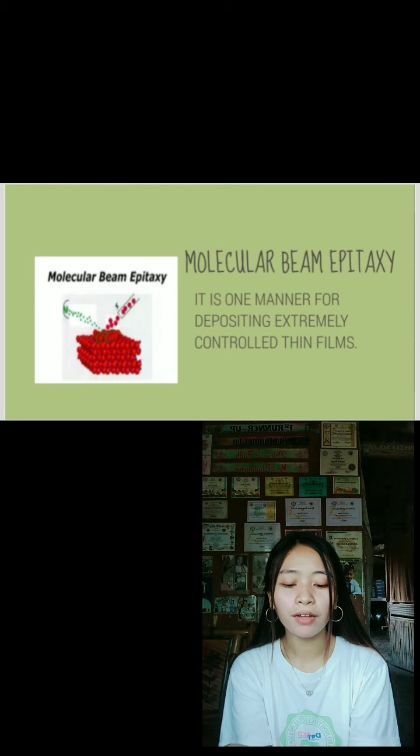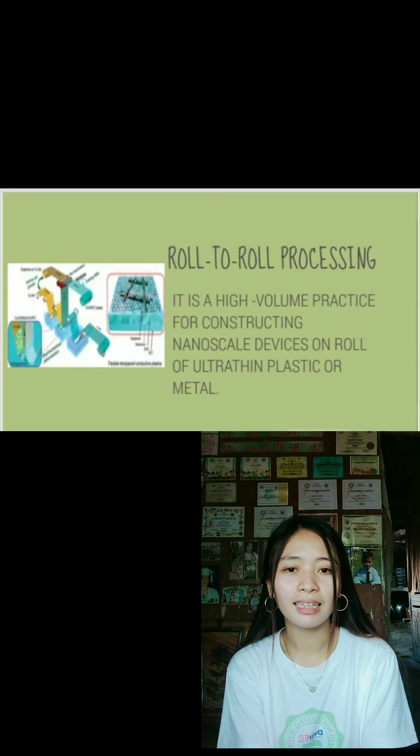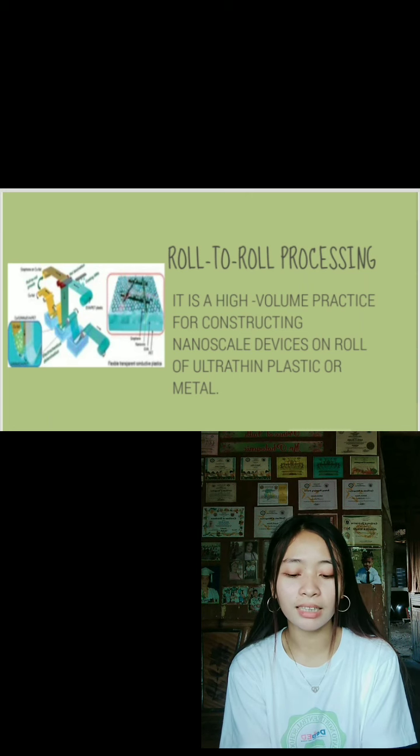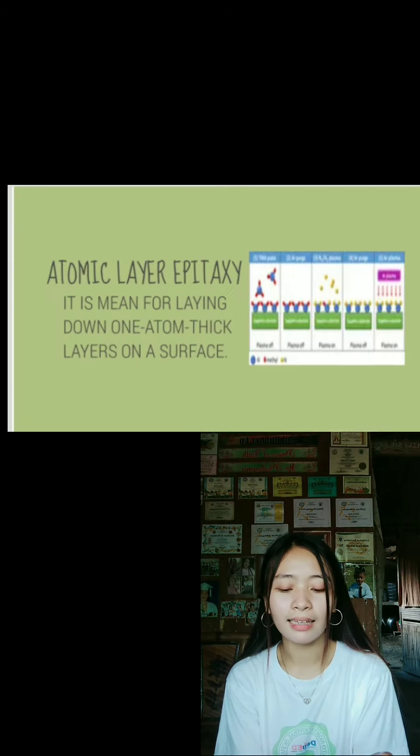It is one manner for depositing extremely controlled thin films. And the sixth, roll-to-roll processing. It is a high-volume practice for constructing nanoscale devices on a roll of ultra-thin plastic or metal. And the last, atomic layer epitaxy. It is a means for laying down one-atom-thick layers on a surface.